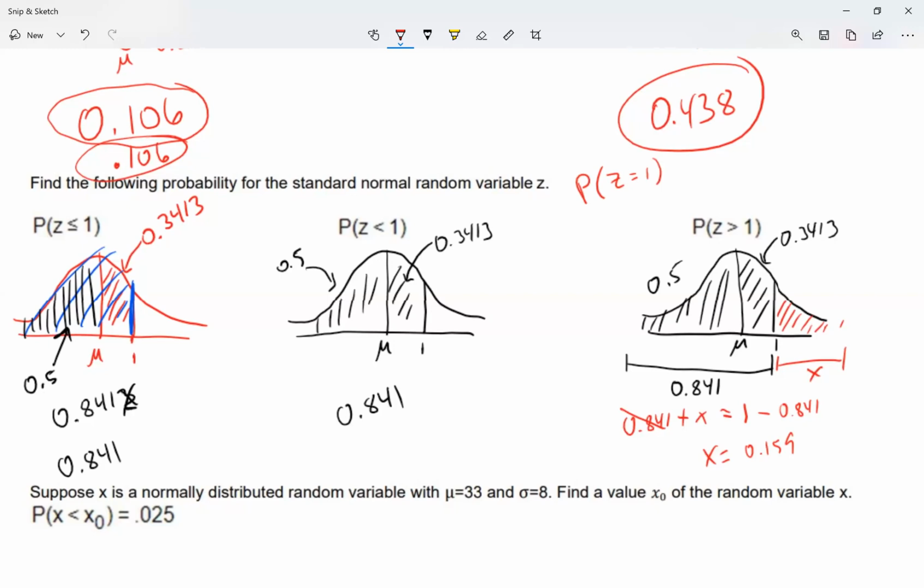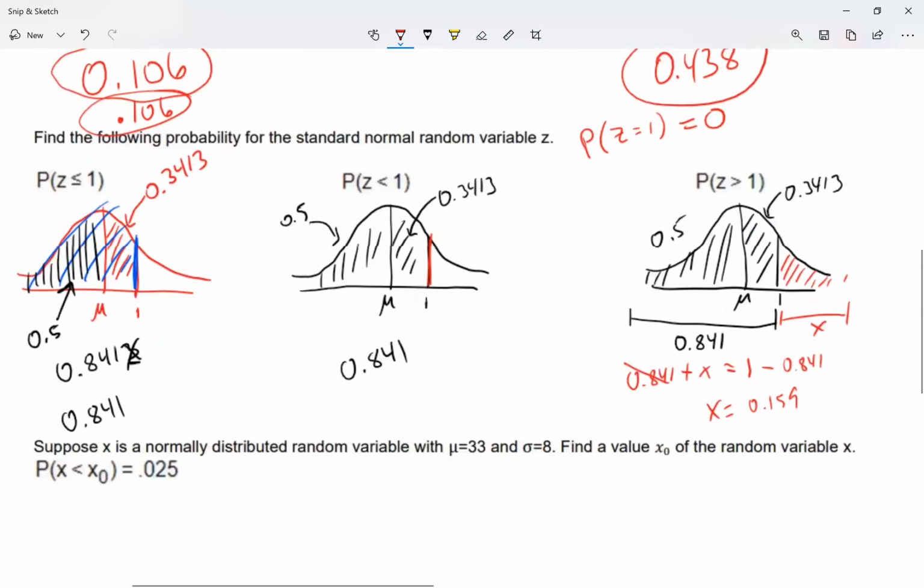Every time I'm asking for the probability of z equal to exactly a number, this line is so thin, because it's a line, that it doesn't have any width, right? So when we use the equal sign, the probability of something equal to a line is going to be 0. So the equal sign will be a problem, but inequalities are all fair game.